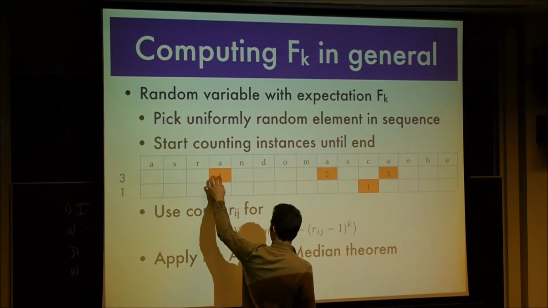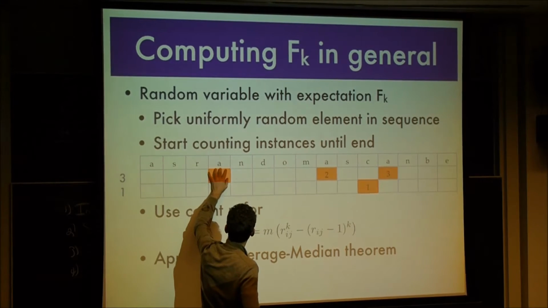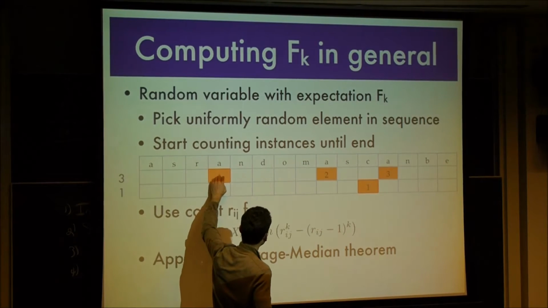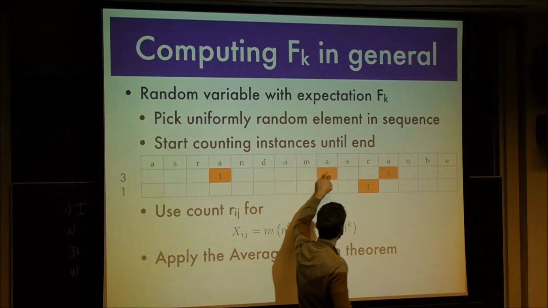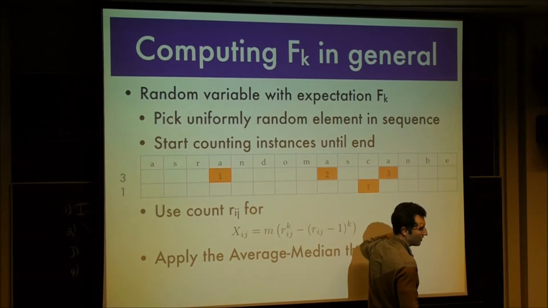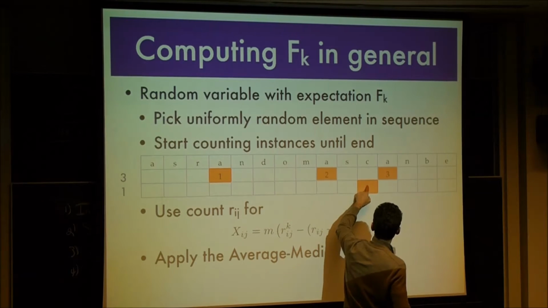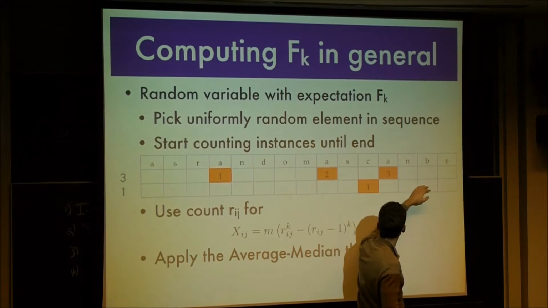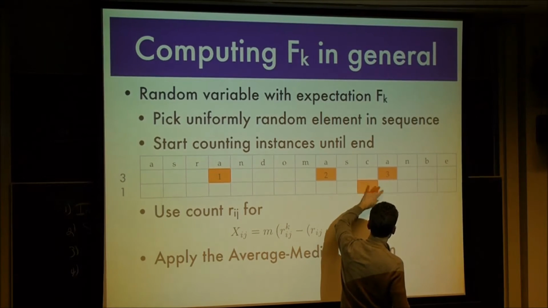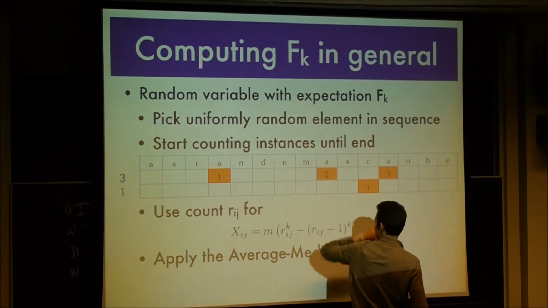I see it's an A, and then I decide from here on I will just continue counting how many A's I see. At the end of the day, I get a 3. Done. And there is no C that occurs to the right of it. We don't know whether any would have happened to the left, but that's it. So I return those numbers 3 and 1.